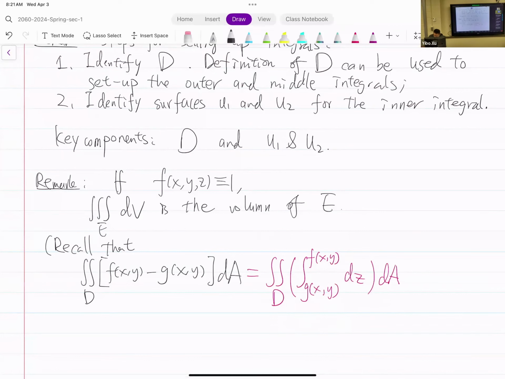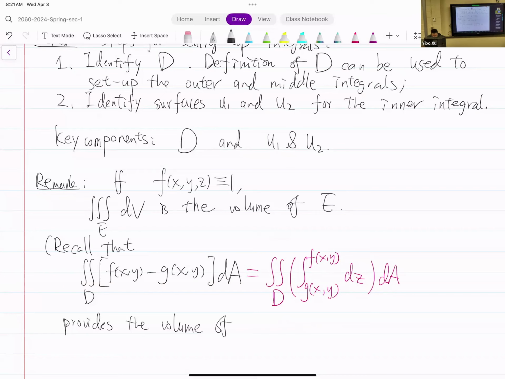So recall that this double integral provides the volume for this. So volume ends with the E, I think.